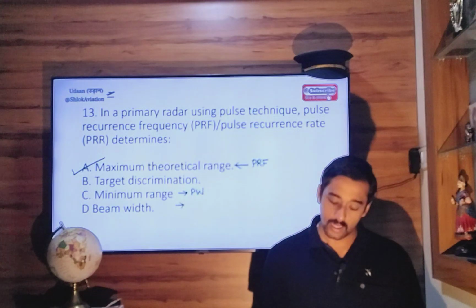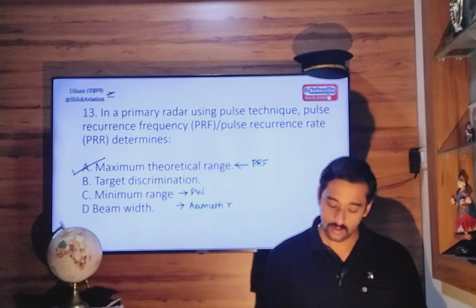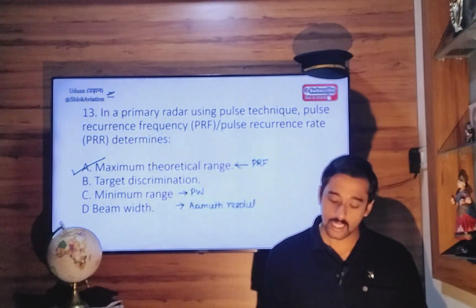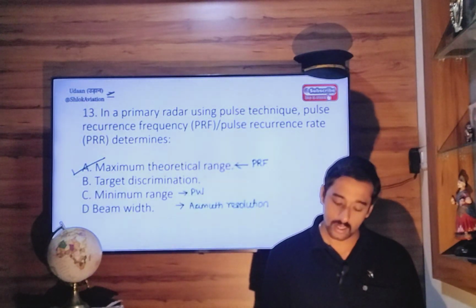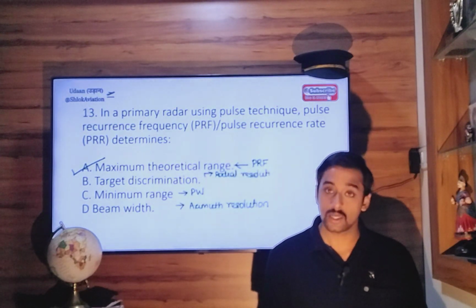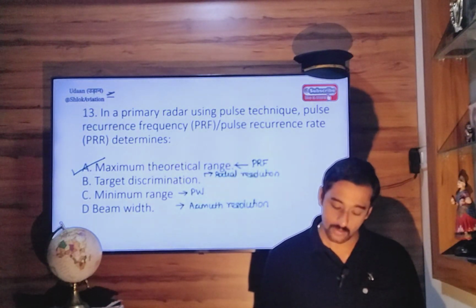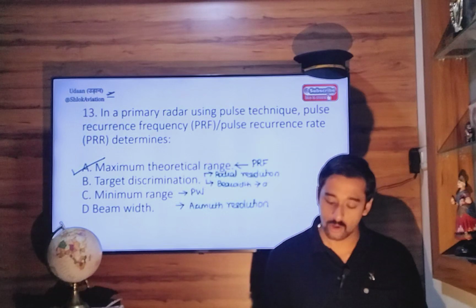Beam width determines your azimuth resolution. Target resolution, which is target discrimination, is nothing but radial resolution, which is determined by half the pulse width, and your beam width. A narrow beam width is required for azimuth resolution.